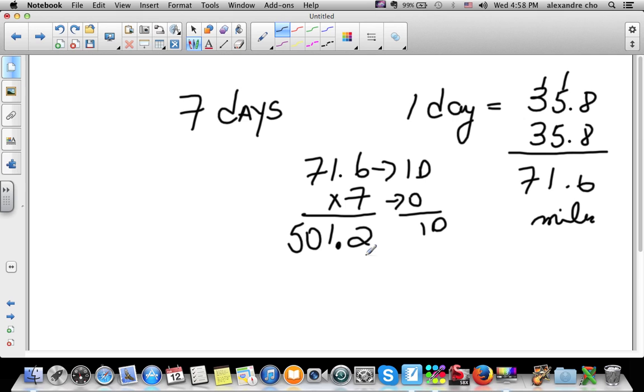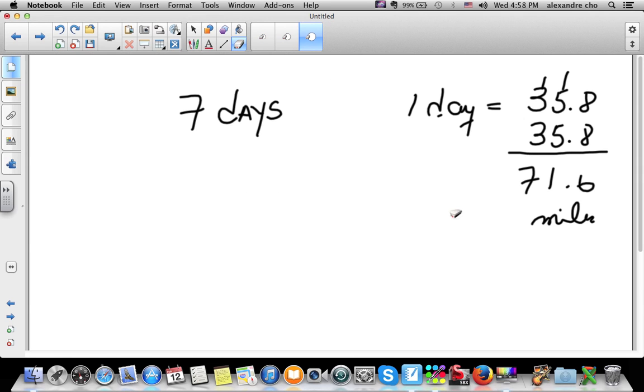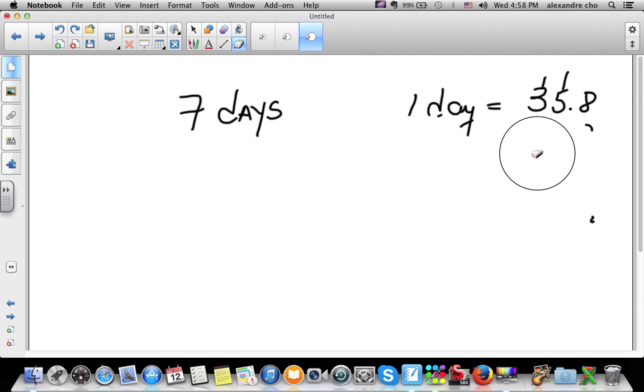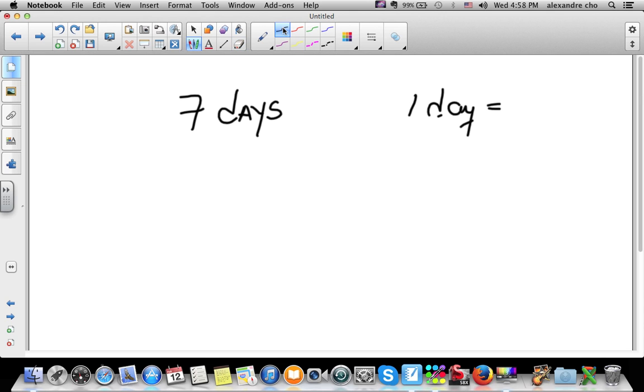That's number 8. No, I did not. Because we have an answer at the bottom, it says 358 miles. What did I do wrong? Each trip averages 35.8. Well, the only thing I can think of is that the question actually means that every day both trips add up to 35.8.